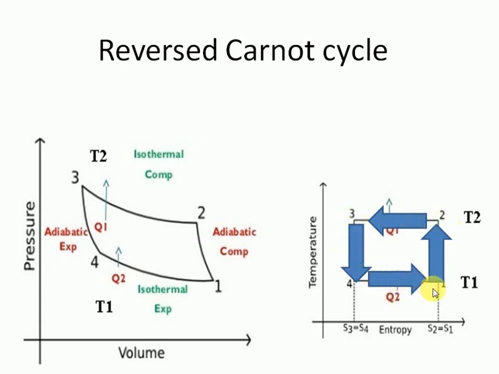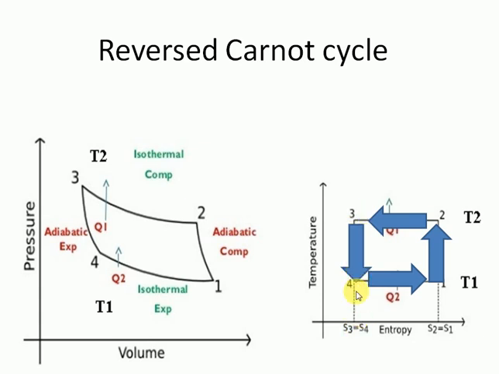From process 1 to 2, the Freon gas is compressed isentropically and its temperature is increased. In process 2 to 3, the high temperature gas rejects its heat to the atmosphere and gets cooled. And in 3 to 4, in the expansion device, the pressure is reduced and the temperature is also reduced, keeping the entropy constant.